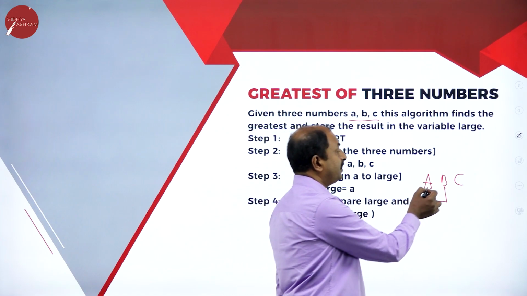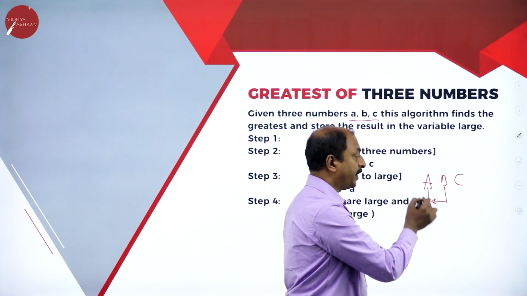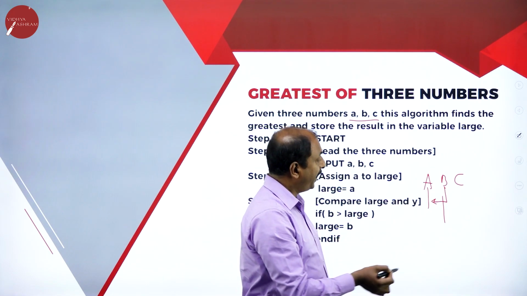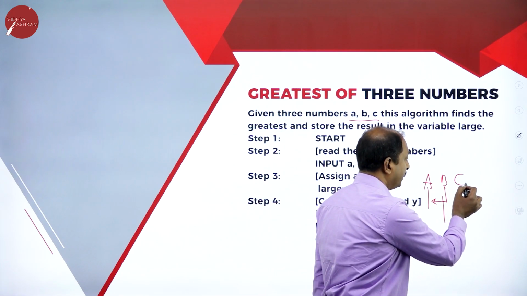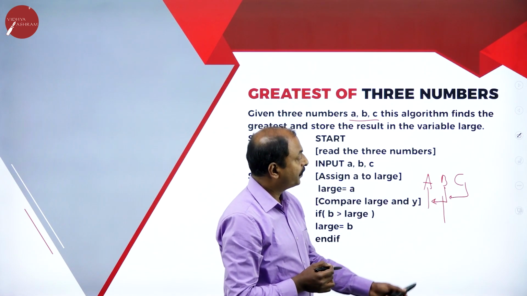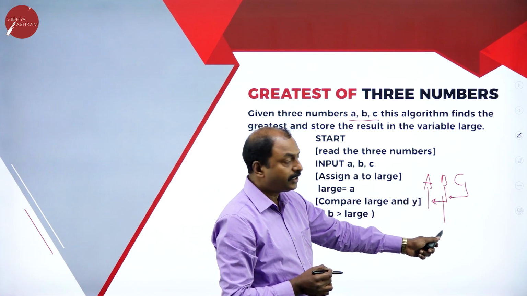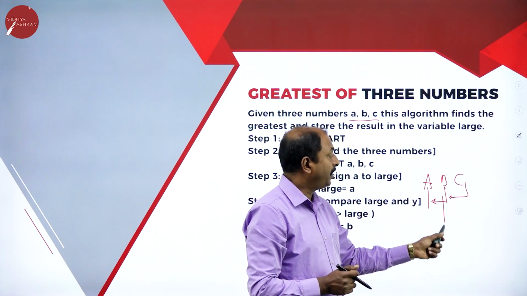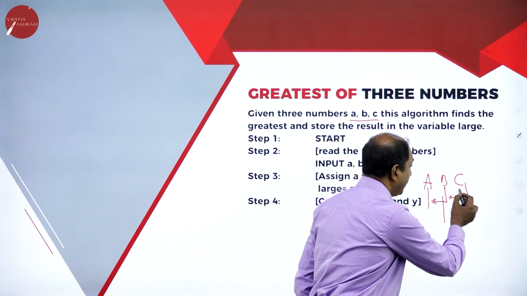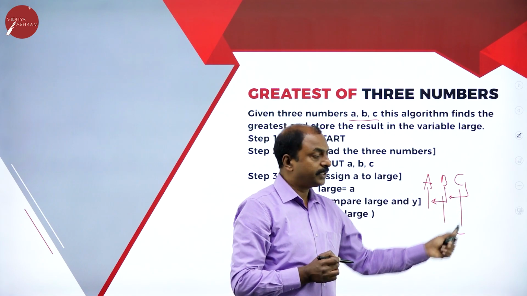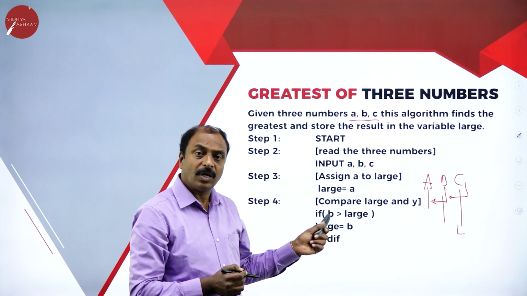If this is greater, then you have to assume that this will be the largest number. Next we have to compare C with this number. If suppose B is large, we are comparing C with this B, so that if it is greater, then we have to say that this is the large number. So this is the logic we are using in this algorithm.